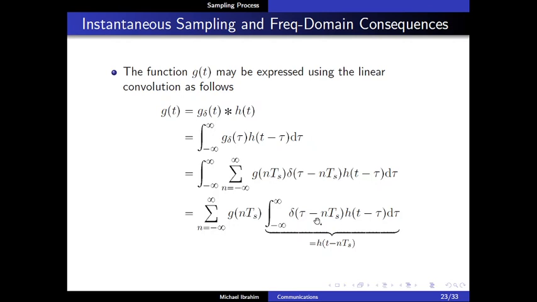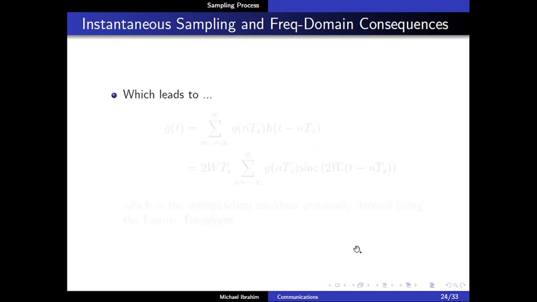But keep in mind that this integration is with respect to the variable tau, not t. So this impulse will happen at tau equals nTs. So the integration will be the value of h, but we need to replace tau, not t. Replace tau with nTs. So this will give us h of t minus nTs. So g of t will be the summation of g of nTs h of t minus nTs.